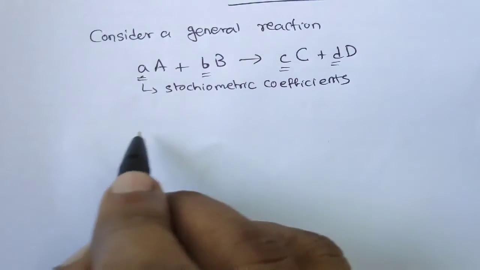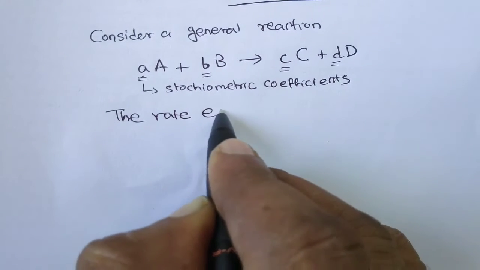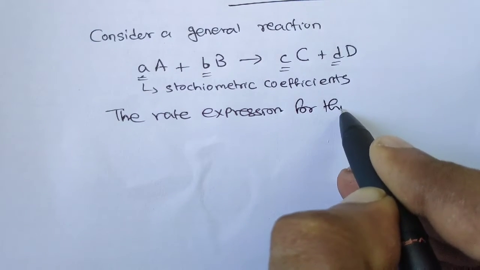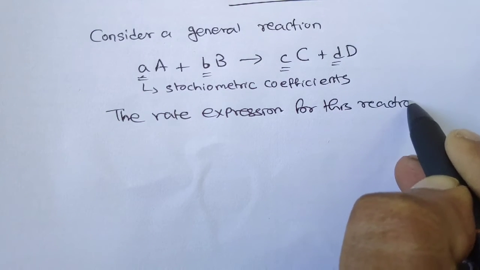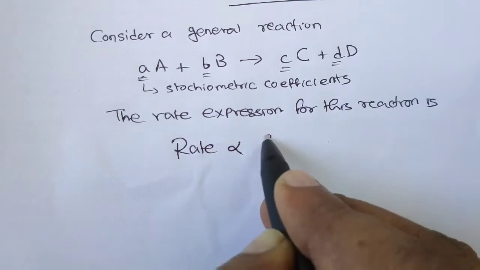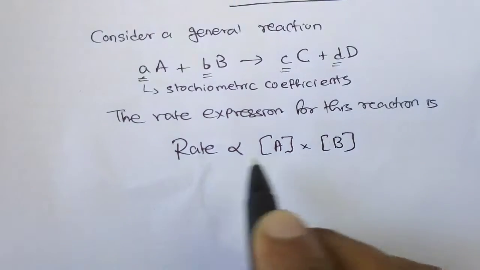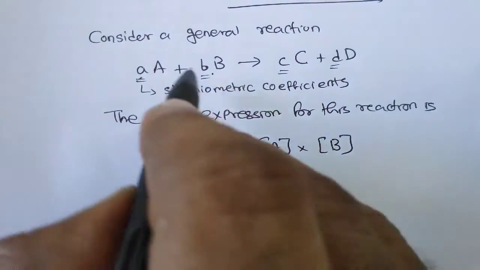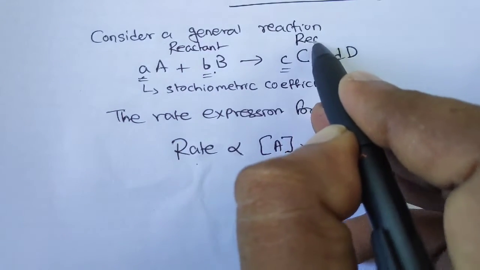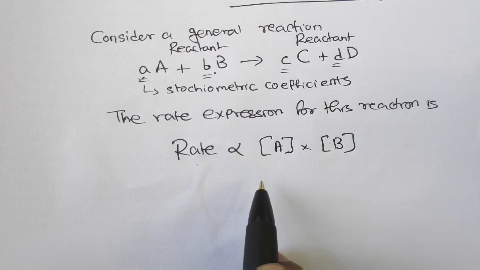Now, if you want to write the rate expression for the above reaction, you can write rate is directly proportional to concentration of A into concentration of B. When we talk about the rate of reactants, we saw the definition, that is rate equation.